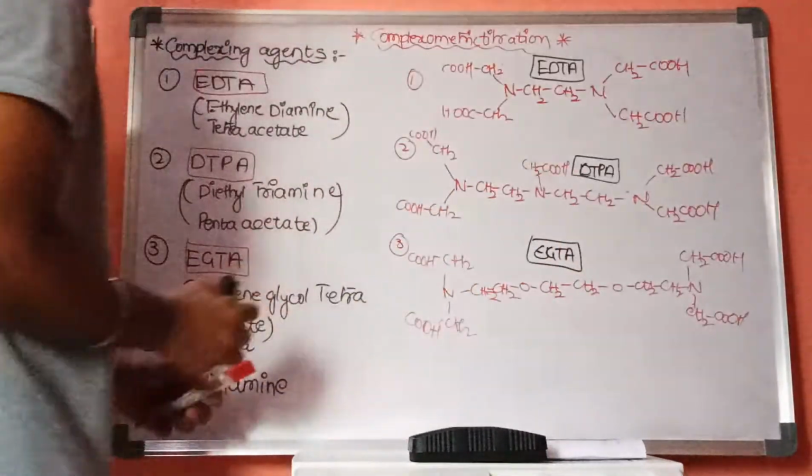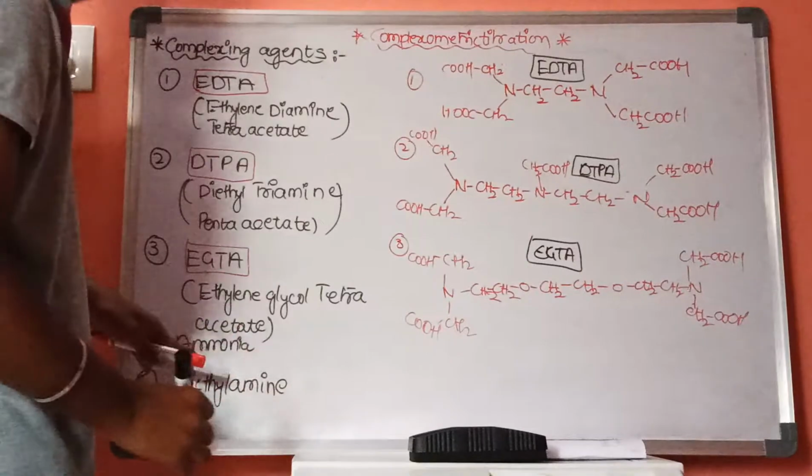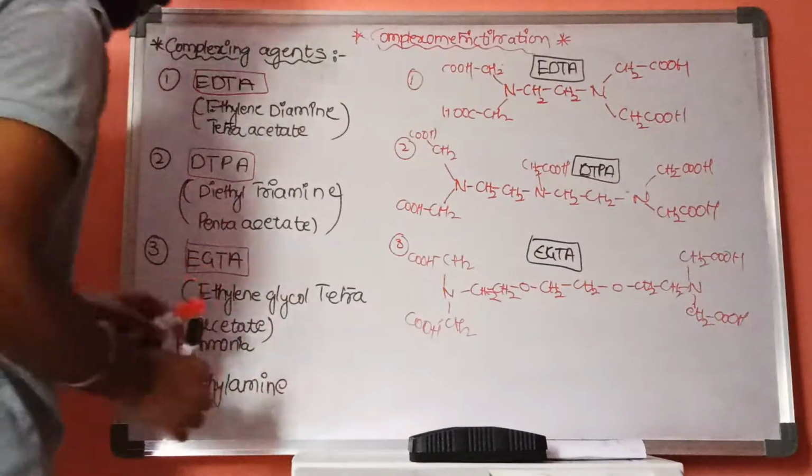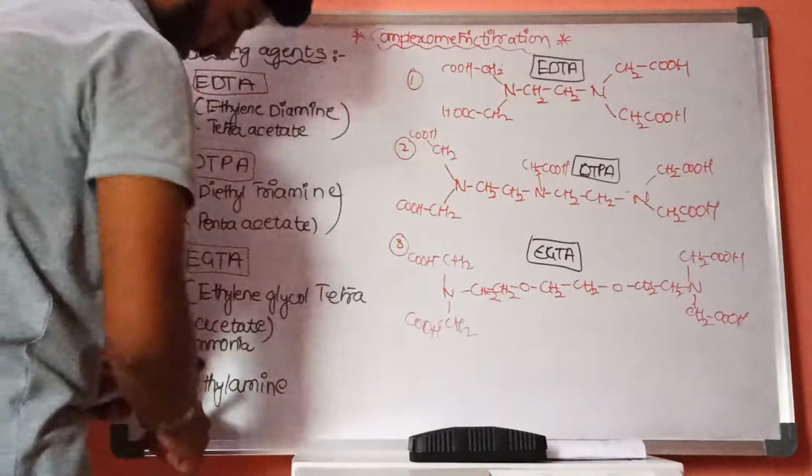Now, as we know that this is ammonia and ammonia structure is known to all, let us come to the ethylene diamine.